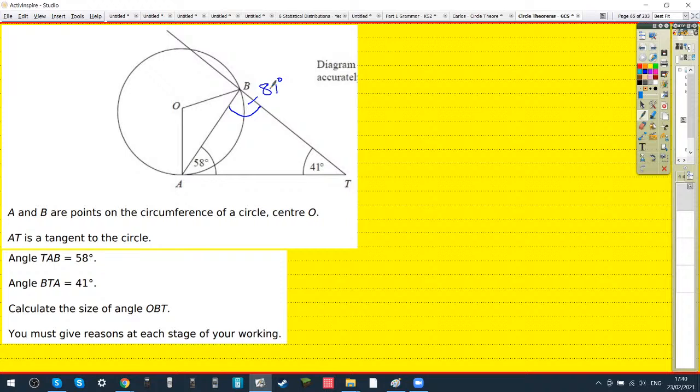Let's think. That one's 81. How can we use that? Ah, I know how. What about this angle over here? The other side of A is 32. Yeah, so that one's 32.